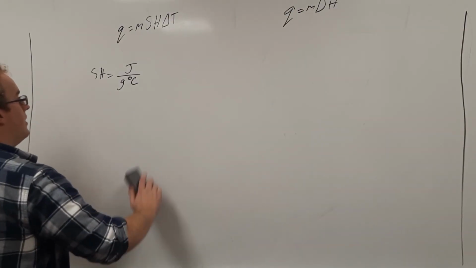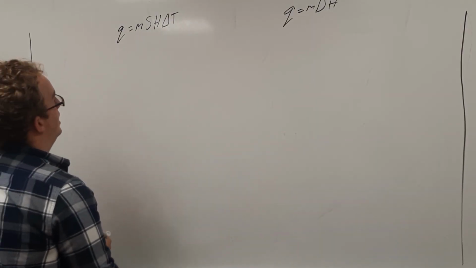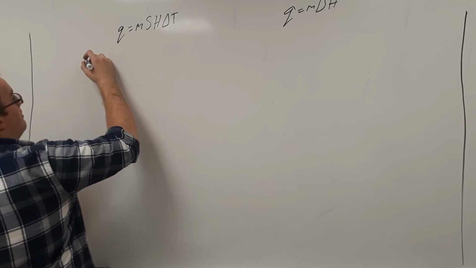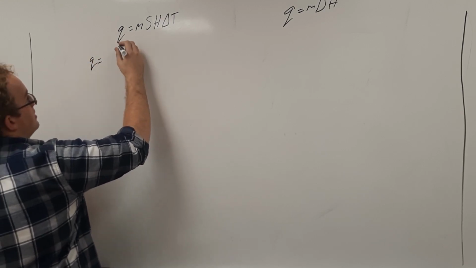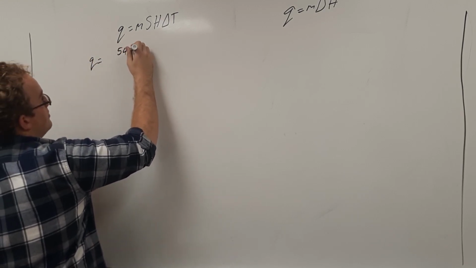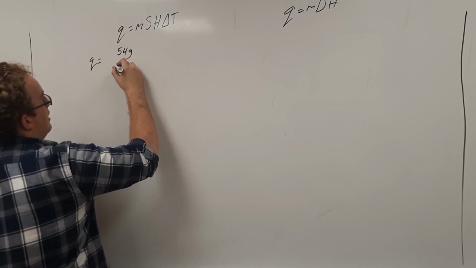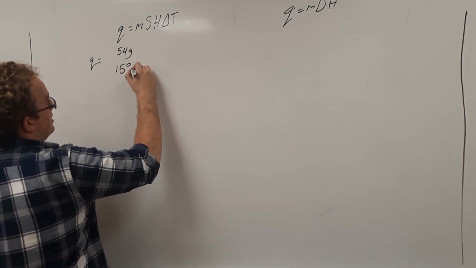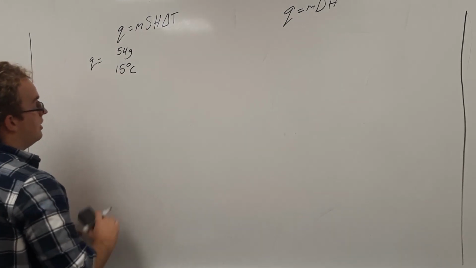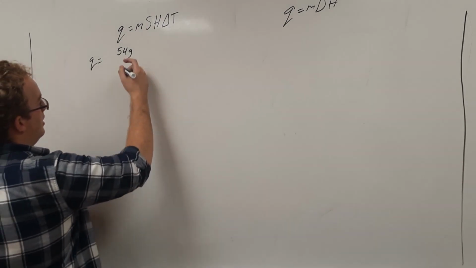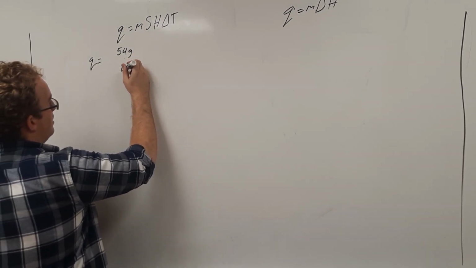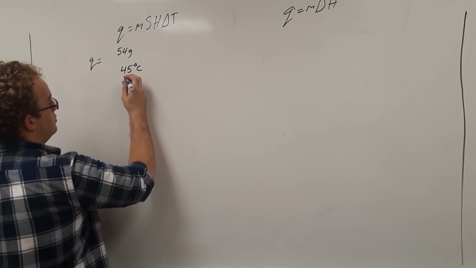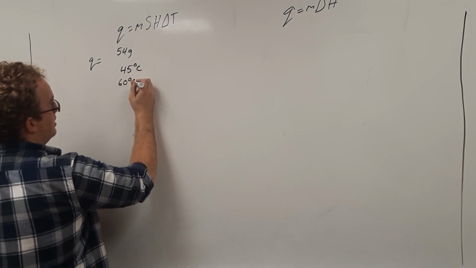So, if you wanted to find the amount of heat it takes to raise 54 grams of water 15 degrees Celsius, or let's say you wanted to warm water from 45 degrees Celsius to 60 degrees Celsius.